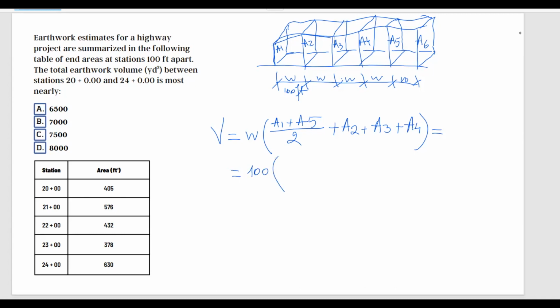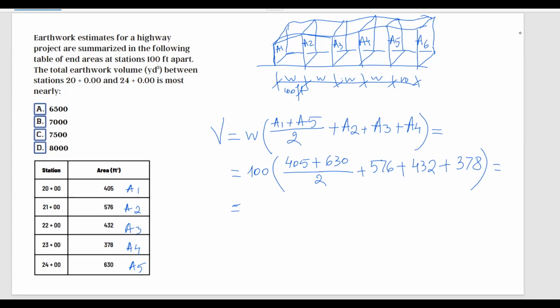A1 is 405, plus A5 is 630, divided by 2, plus A2 is 576, plus A3 is 432, plus A4 is 378. And close the parentheses. The only thing you have to do now is calculate this using your calculator.